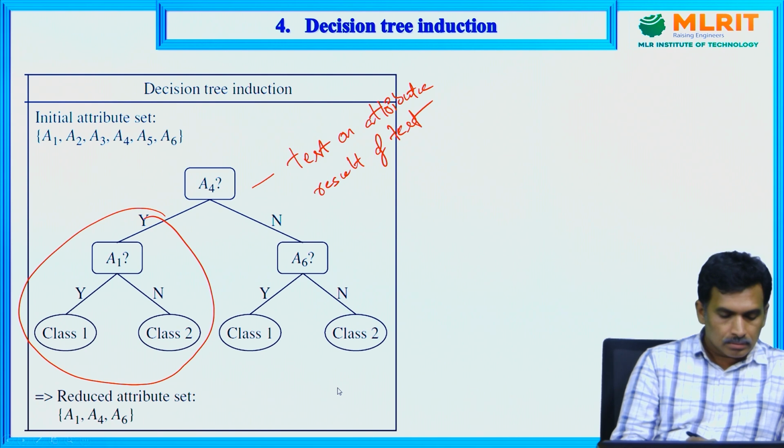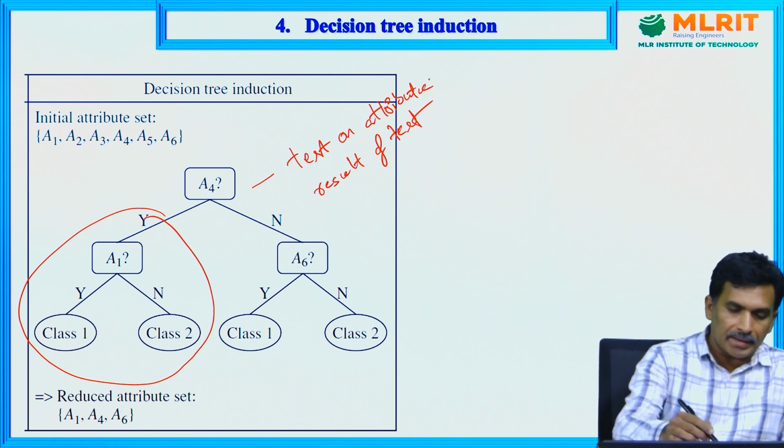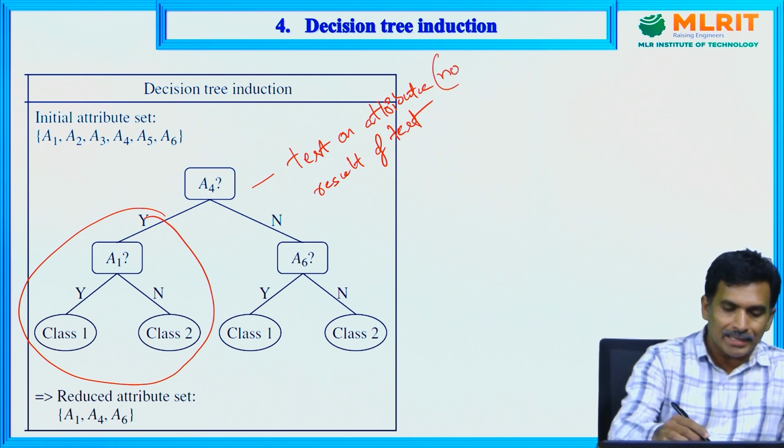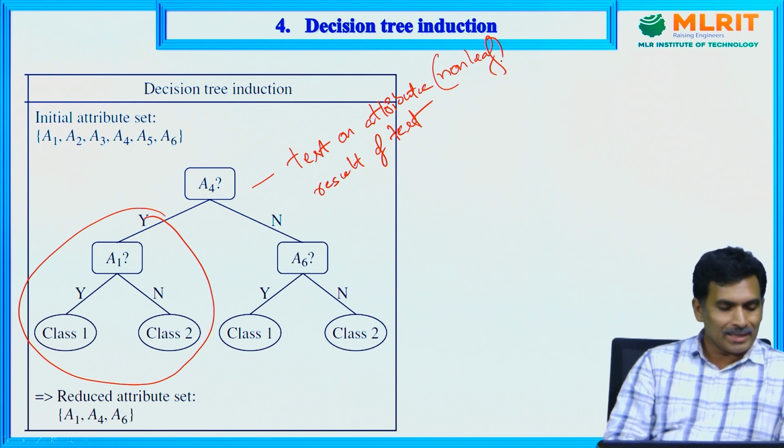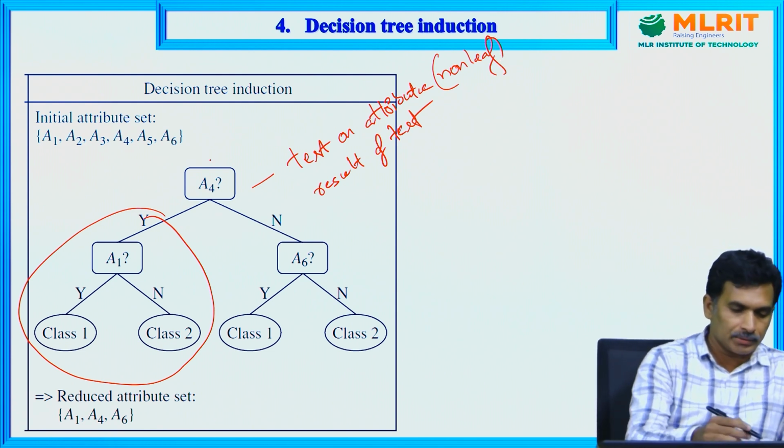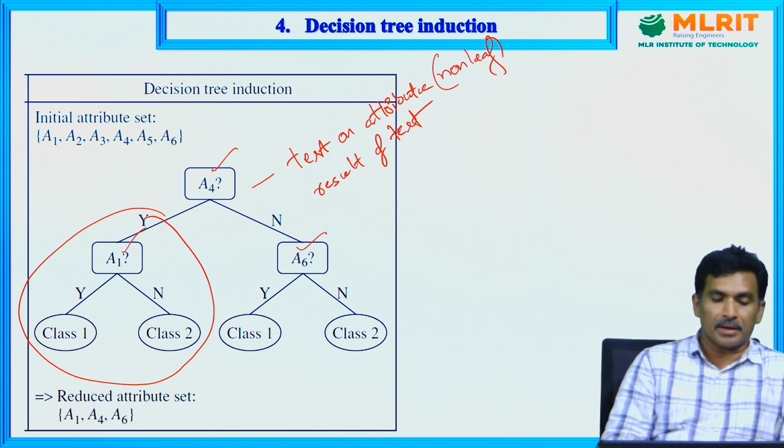And these are the non-leaf attributes, like internal attributes, like this one and this one. These three are the internal attributes.